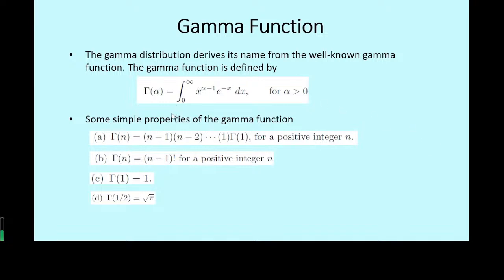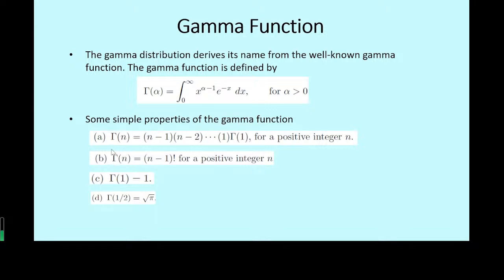The gamma function is an integration from 0 to positive infinity, and inside this integration is x to the power alpha minus 1 times e to the power minus x, if alpha is larger than 0. The gamma function has some characteristics.